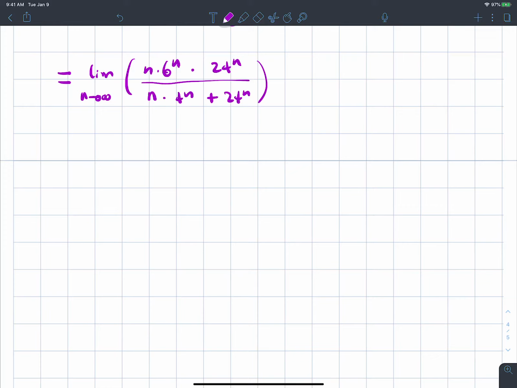Now, here's the thing. The question is, what's this limit? And you kind of have a problem here. We're going to approach this in the same way, because you're going to have a bunch of infinity over infinity because n gets big, right?